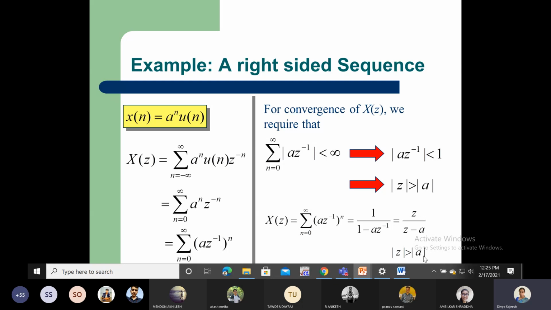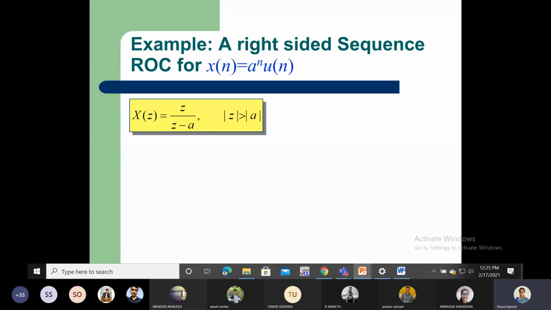So you got z greater than a as the region of convergence. If I plot it in the z plane graphically, how will you obtain it? On the real and imaginary axis, we have to draw a circle with radius a.